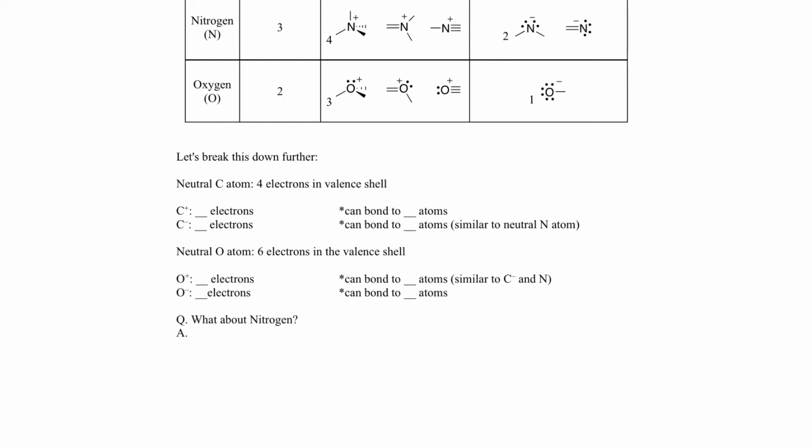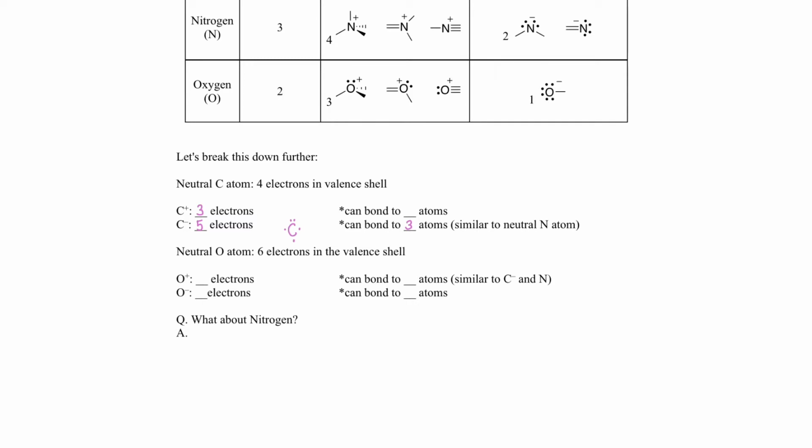So let's draw the carbanion, right? I'm going to draw it this way because it looks very much like a neutral nitrogen atom, okay? And think about your HONC 1, 2, 3, 4 rule, right? Nitrogen can bond to 3 atoms. So a carbanion, because it has 5 valence electrons, is also going to bond to 3 atoms. The carbocation is in a league of its own because it doesn't have an octet. So that's just going to bond to 3 atoms.